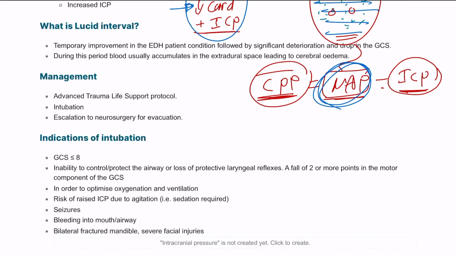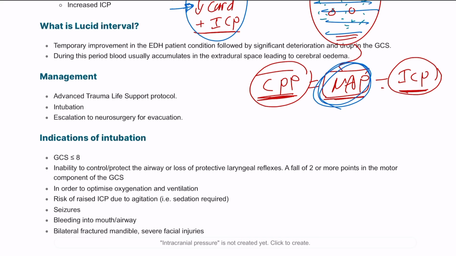So the indication of intubation in this patient is, 1, decreased GCS, or in other scenarios, if the patient is unable to maintain an airway, whether the airway is not protected or not secure, like we explained earlier, that would be another indication of intubation. To maintain adequate ventilation as well, that would be another indication.